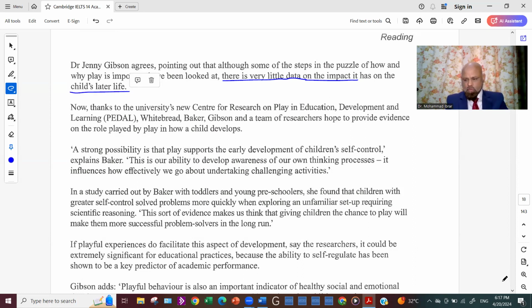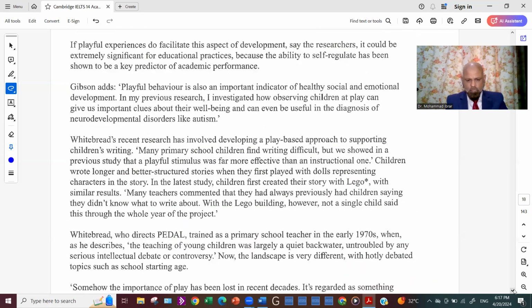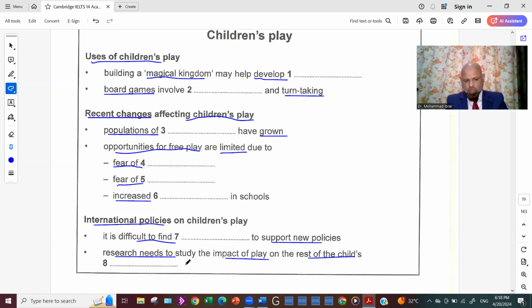Now let's go back to the question to confirm. So research needs to be done because there's not enough data available on the impact of play. What kind of impact does play have on the rest of the child's life?